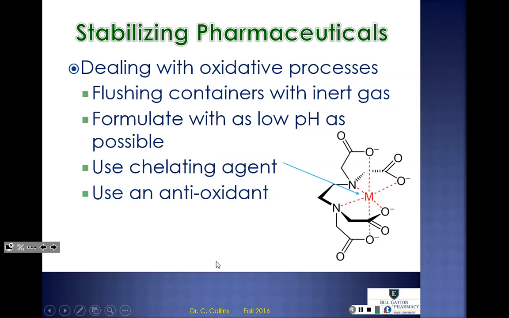You can use a chelating agent that binds, at least temporarily, those sites where oxygen would react. So it's tying up the reactive area. We have to be careful that the chelating agent doesn't then inactivate the drug molecule, so it has to be reversible. And if it's reversible, then there's a possibility that oxygen could come in there. Or, of course, use an antioxidant.